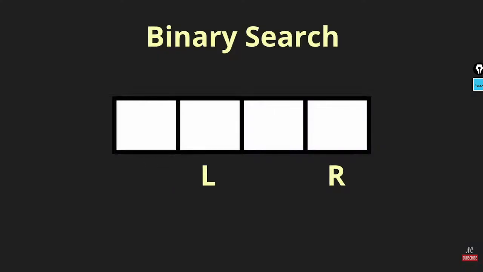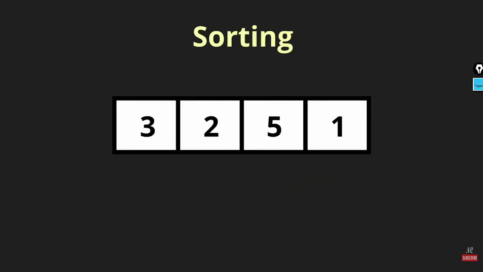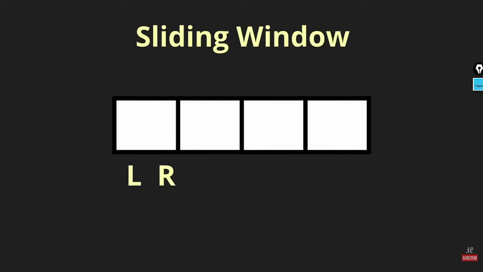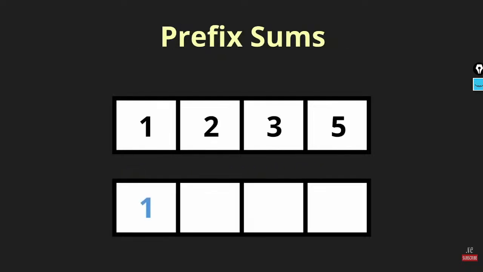I'm not just talking about binary search and sorting, but also two-pointers, the sliding window, and if we want to get fancy, we can even do some pre-processing by computing the prefix sums of an array to solve certain problems more efficiently.